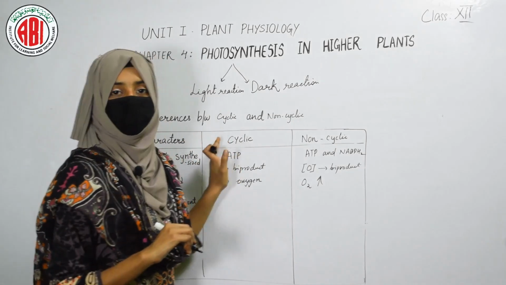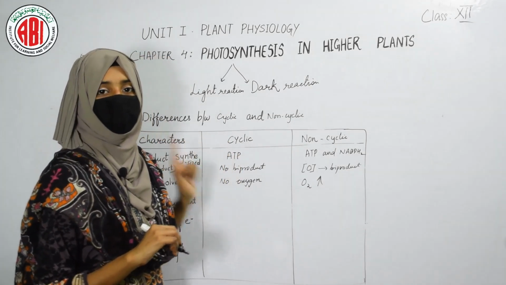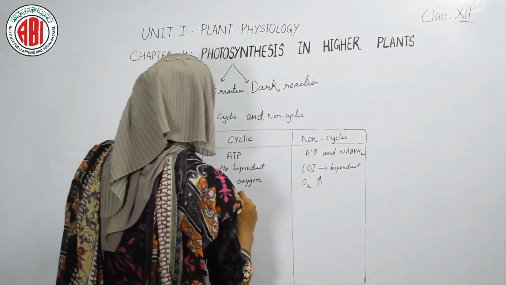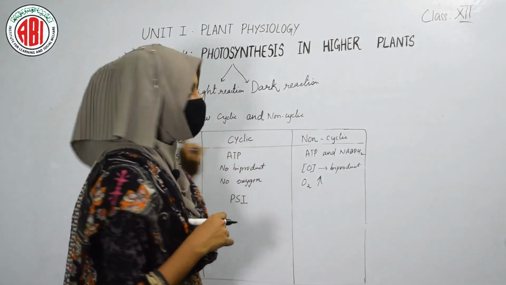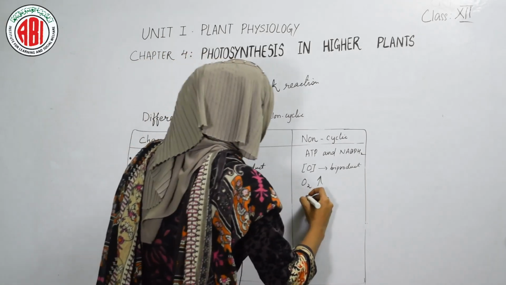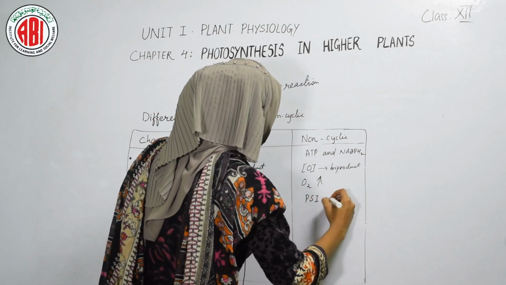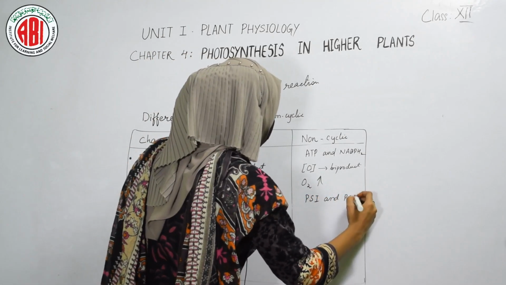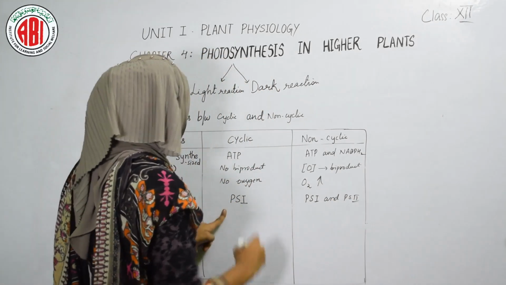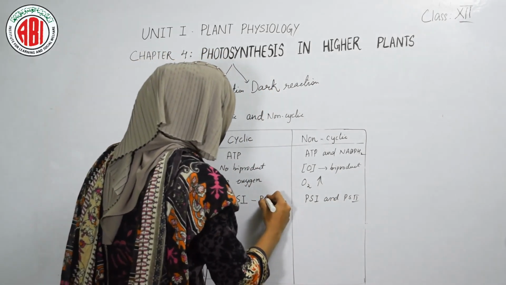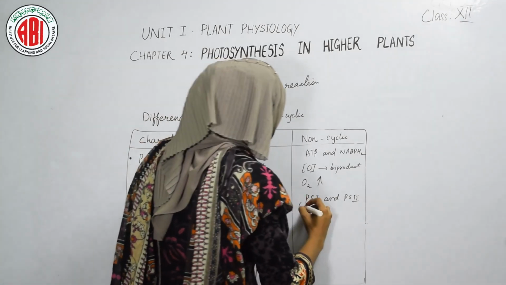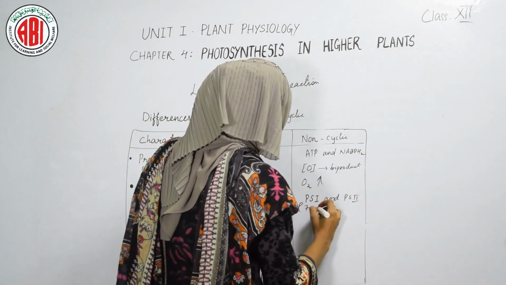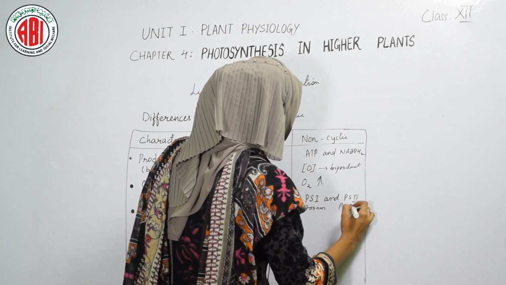In cyclic photophosphorylation, only one system is involved, that is photosystem 1. In non-cyclic photophosphorylation, both systems are involved, photosystem 1 and photosystem 2. Photosystem 1 can also be written as P700 nanometers, and photosystem 2 as P680 nanometers.